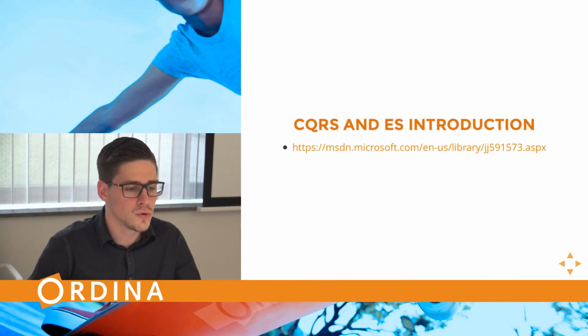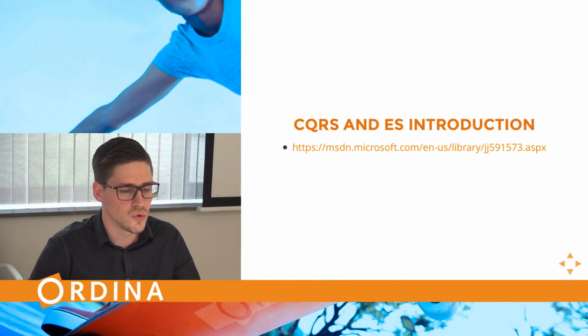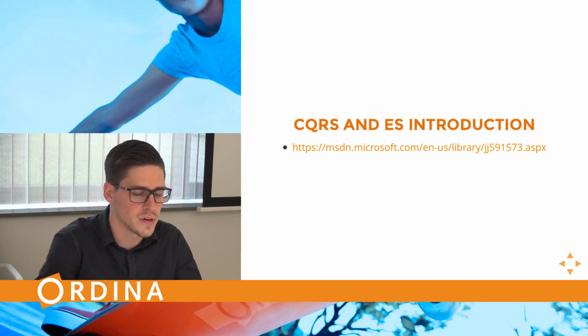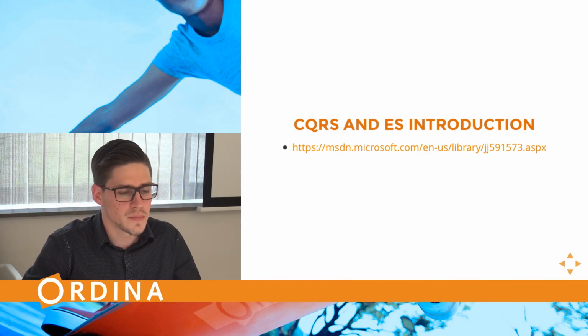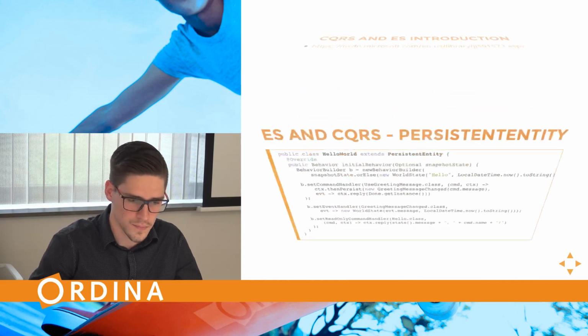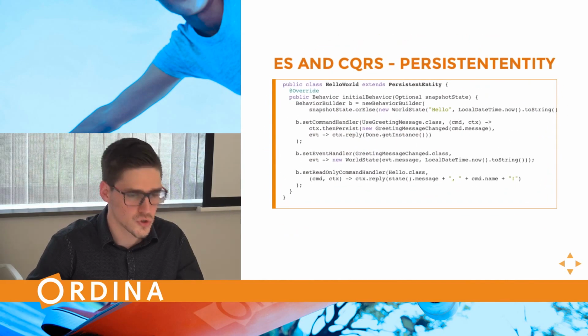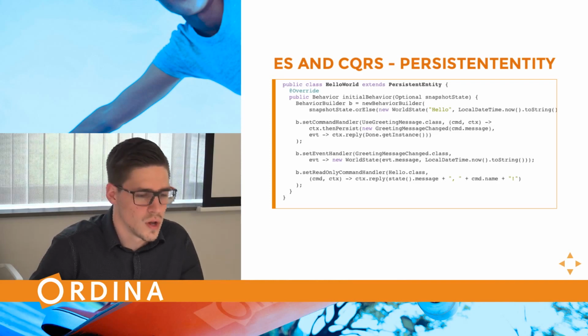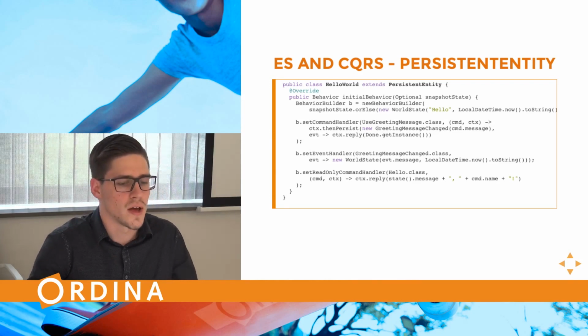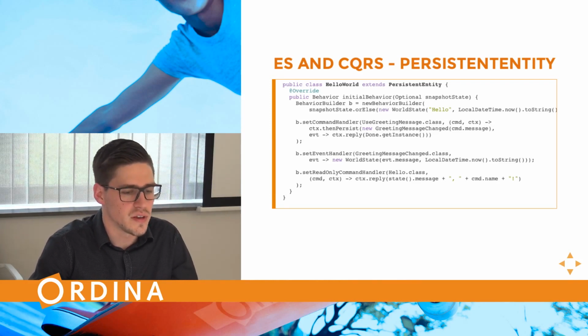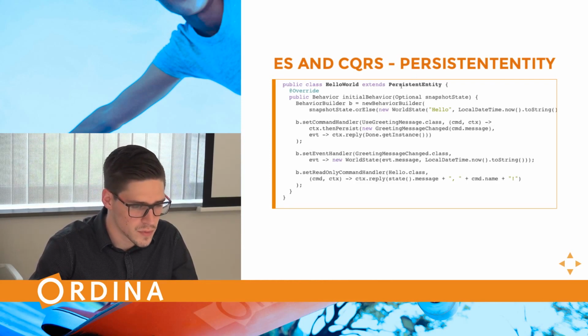For a really good introduction on CQRS and event sourcing, I suggest you look up this blog post right here. Each concept is explained really well in detail, so it's definitely worth a read. Just to give a quick overview, in Lagom you have a persistent entity class that extends the persistent entity right here.